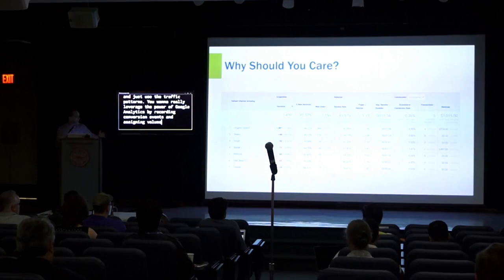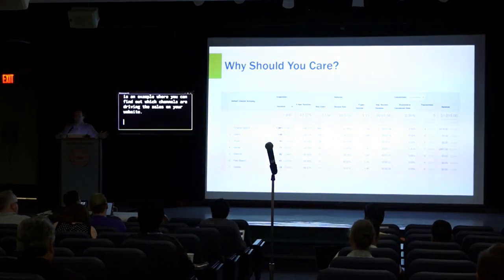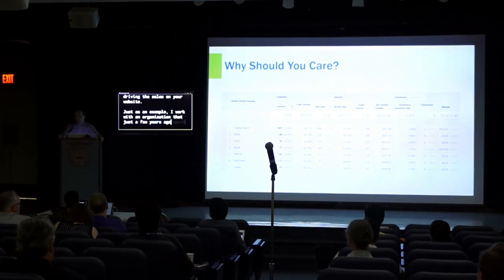So on this particular screenshot, this is an example where you can find out which channels are driving the sales on your website. Just as an example, I work with an organization that just a few years ago spent over $1 million on revamping their website.